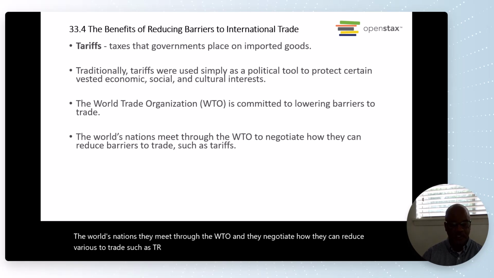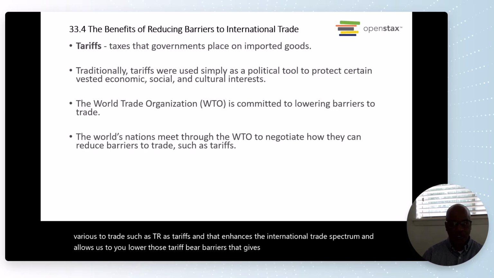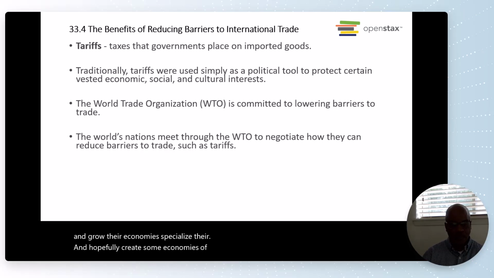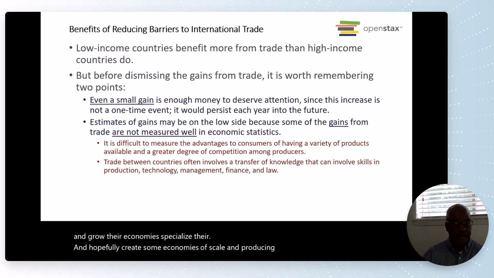And that enhances the international trade spectrum and allows us to, I mean, you lower those barriers that gives countries the opportunity to help and grow their economies, specialize their economies, and hopefully create some economies of scale in producing some goods and services.